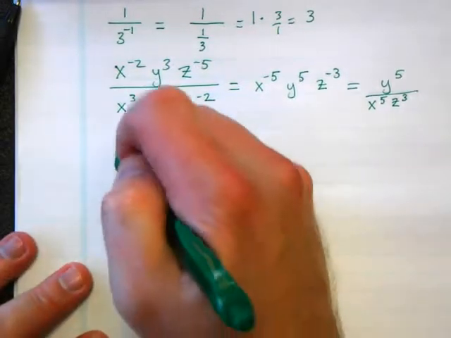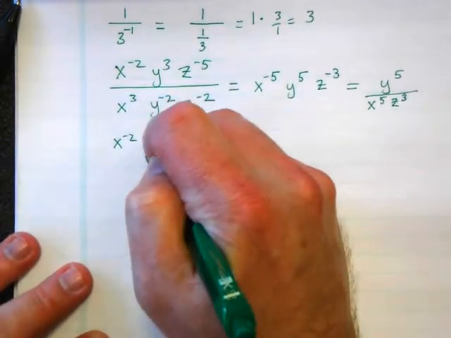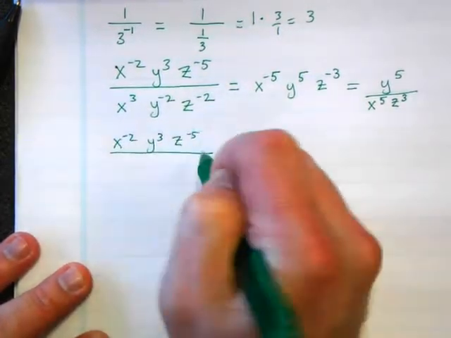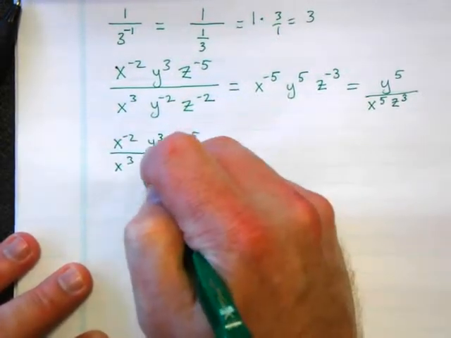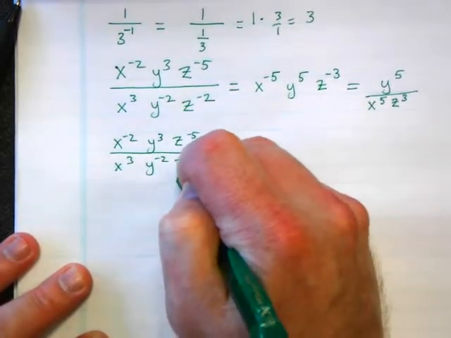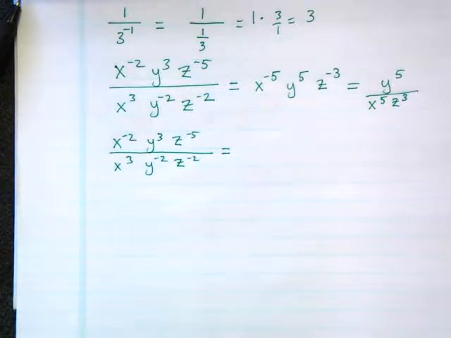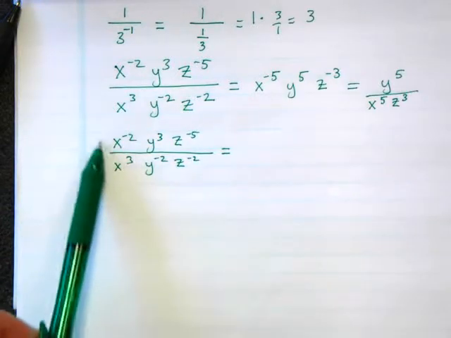So here's another option. X to the negative 2, y cubed, z to the negative 5th, divided by x cubed, y to the negative 2, z to the negative 2. What I prefer to do is move the things that need to move. What do I mean? What's this x to the negative 2?